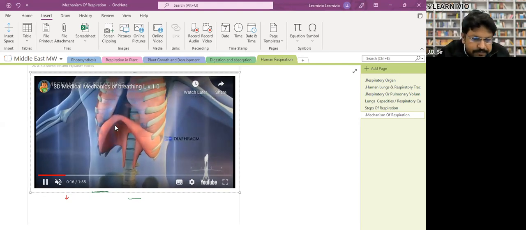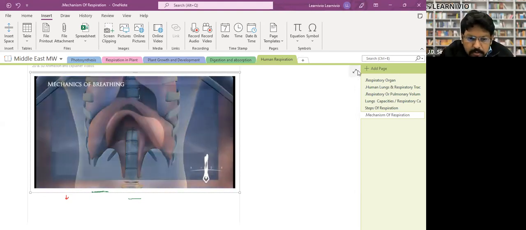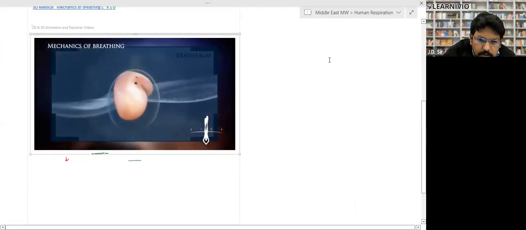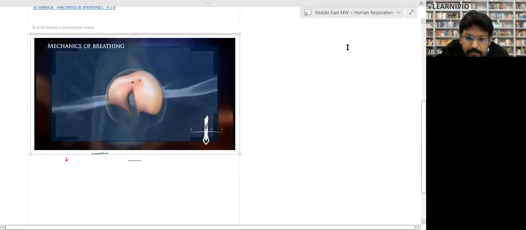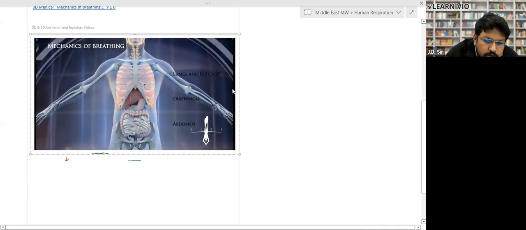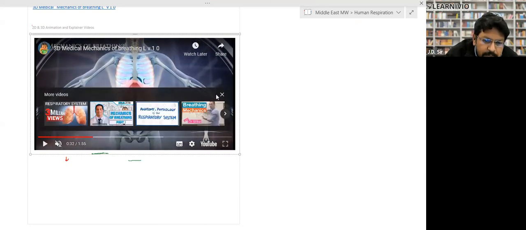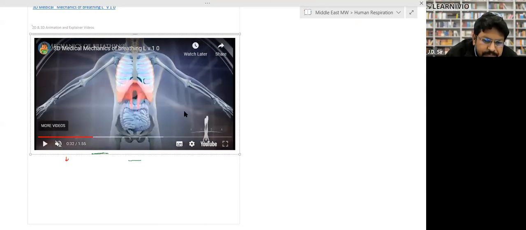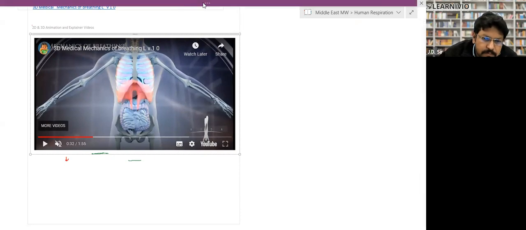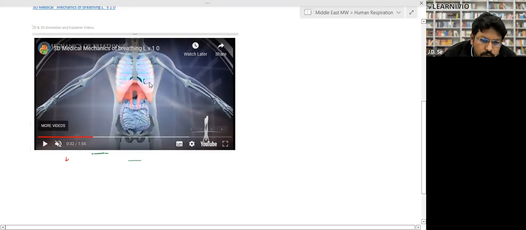This is the diaphragm, right? So how does it look? This is the process of breathing. Look, what happened during the process of breathing? I want to tell you.